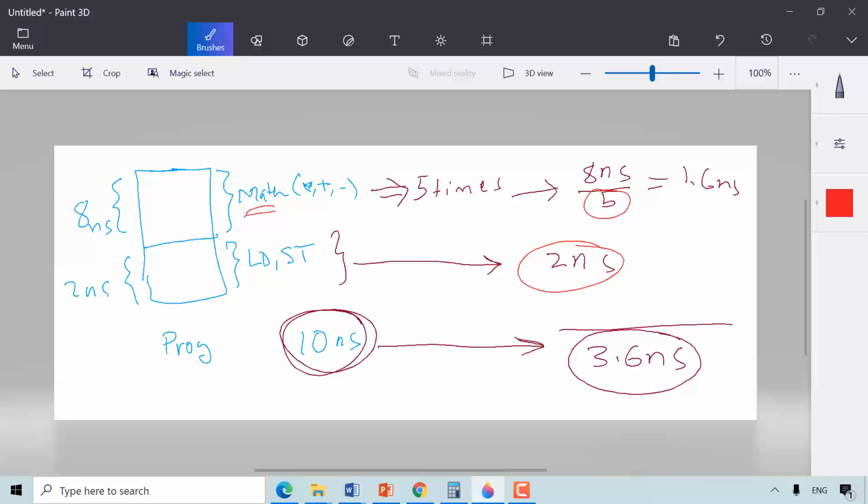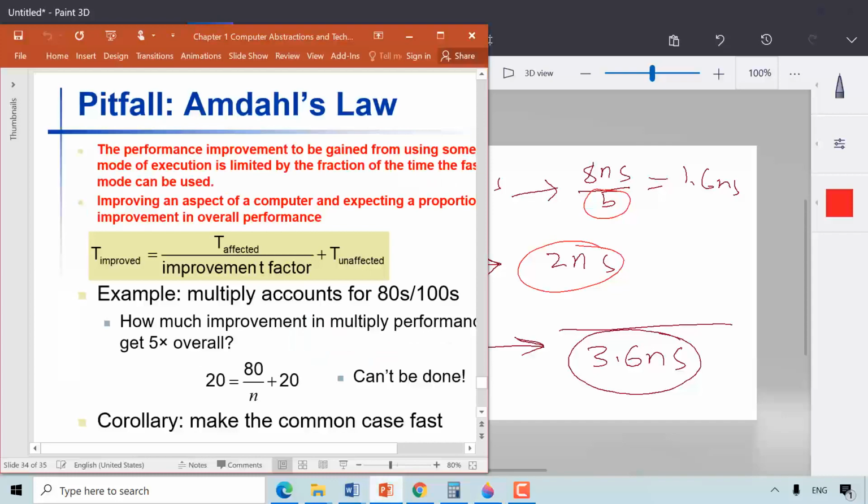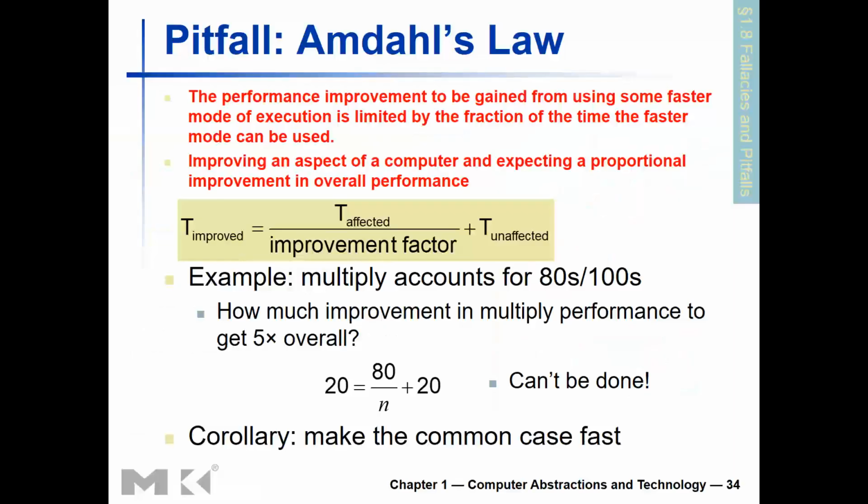Let's go back now to the slide and see what Amdahl's law says. Amdahl said that the improved time, in our example 3.6 nanoseconds, is equal to the time which is affected, the 8 nanoseconds in our example, divided by the improvement factor, which is 5, plus the unaffected time, the load and store, which is 2 nanoseconds. And that gave me 3.6 nanoseconds.